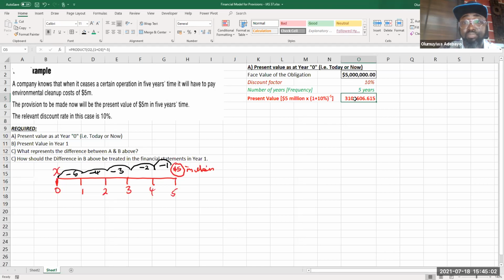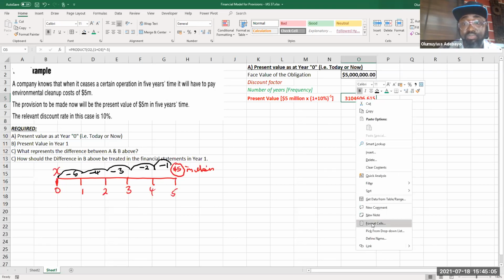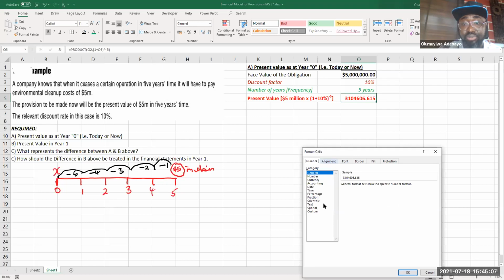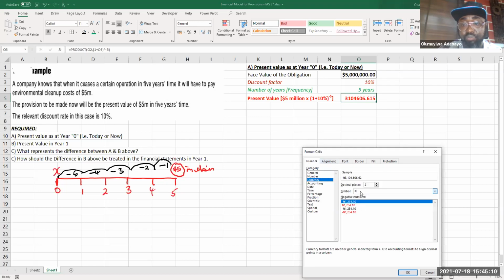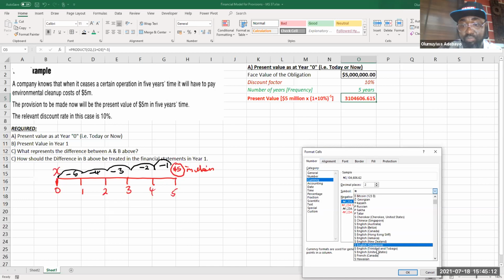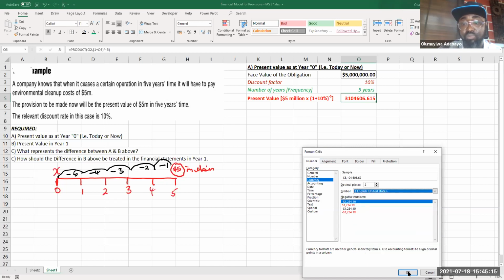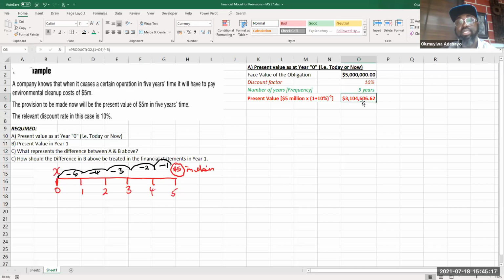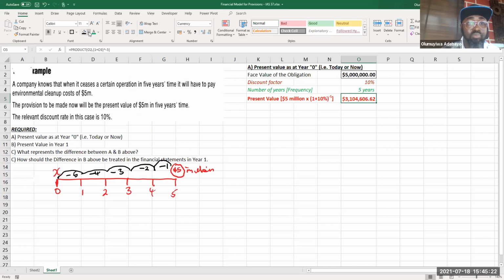Now, in dollars. That is that. Okay, very straightforward.